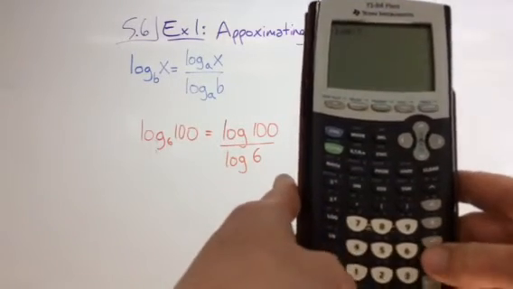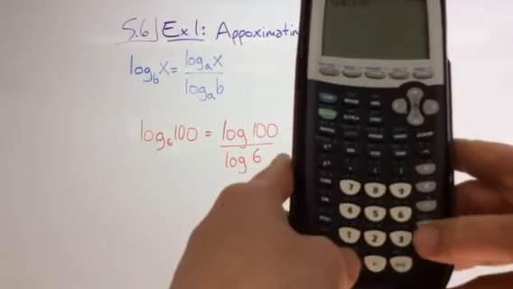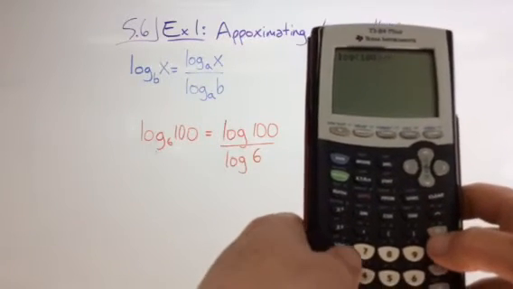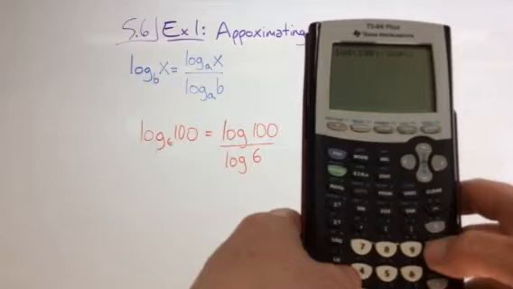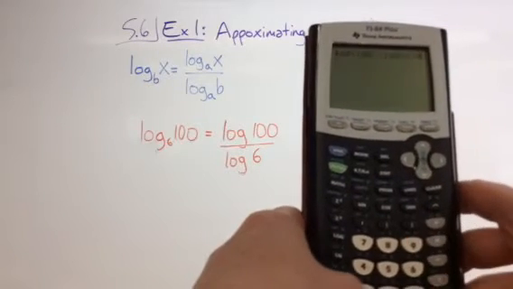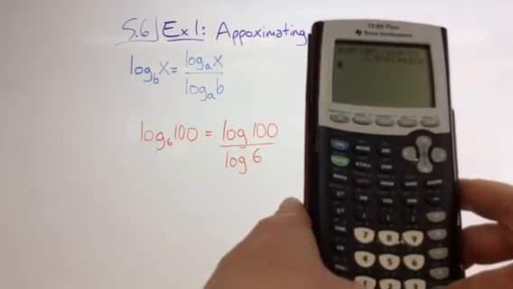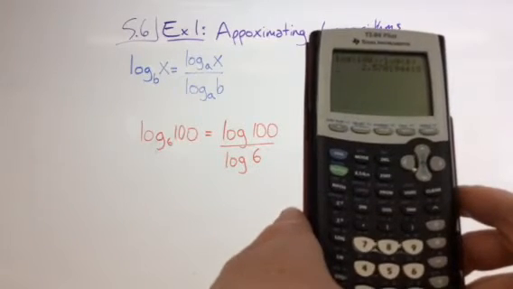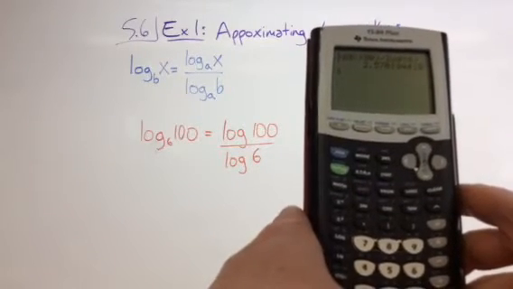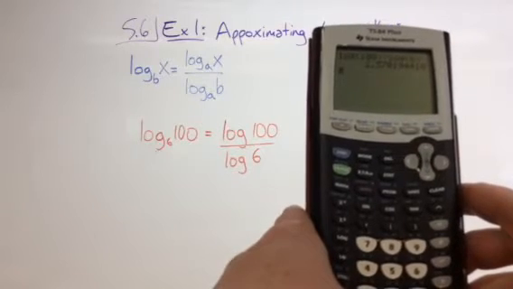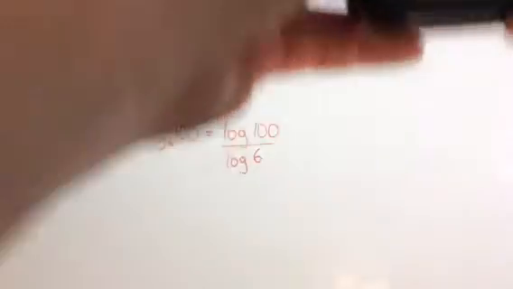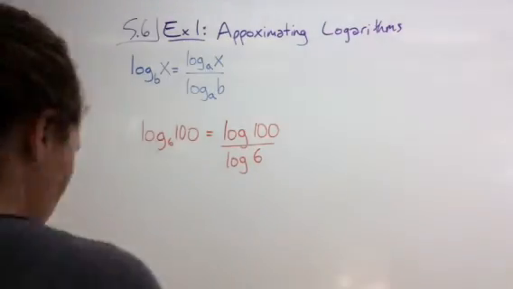So I have my log button, 100, close bracket, divided by my log button, 6, close bracket, equals 2.5701, and so on. Why is it approximate? Well, it's a non-repeating decimal that goes on forever, so you're just going to have to write down the closest number that you can estimate from that, or approximate. Let's go with 2.57.